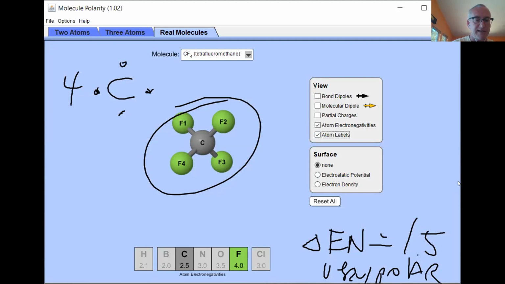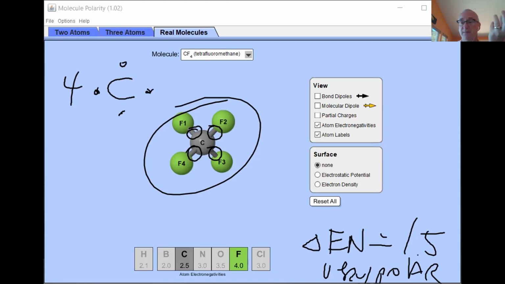So each of these bonds, we got 1, 2, 3, 4. Each of those little pegs or sticks is a shared pair of electrons. It's a bond. They're going to move away from each other as far as they possibly can.